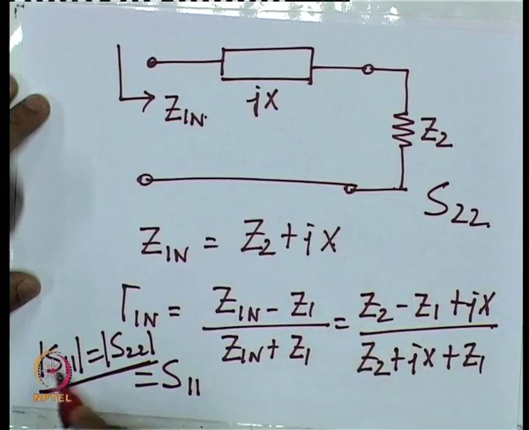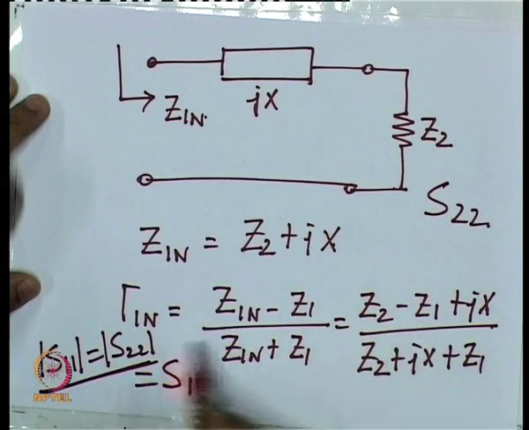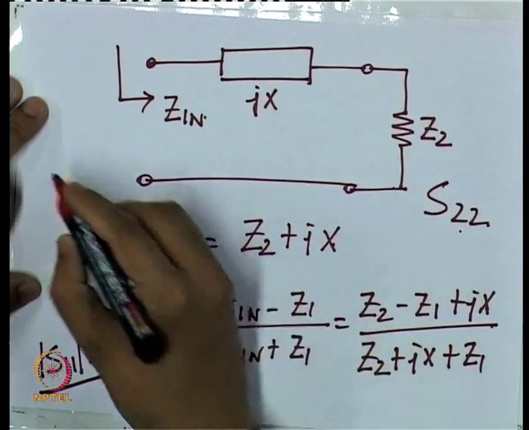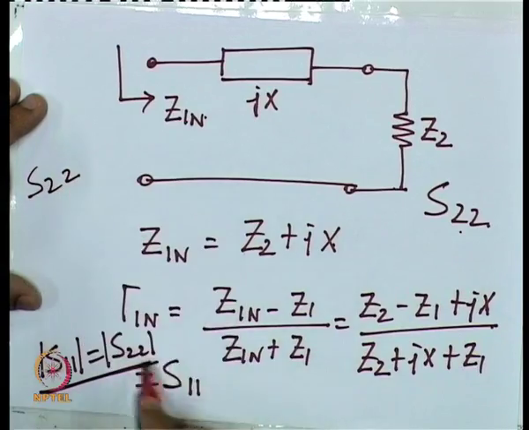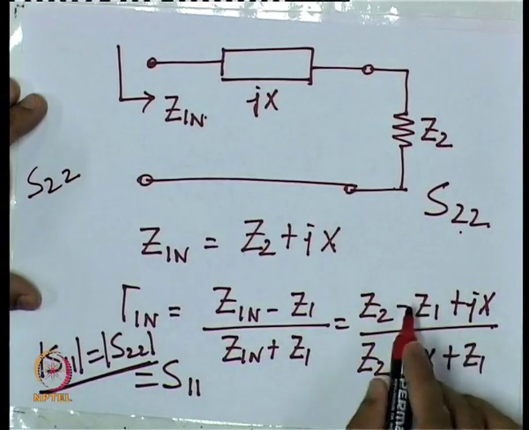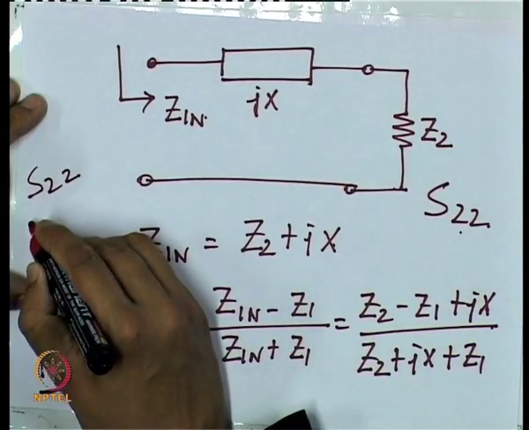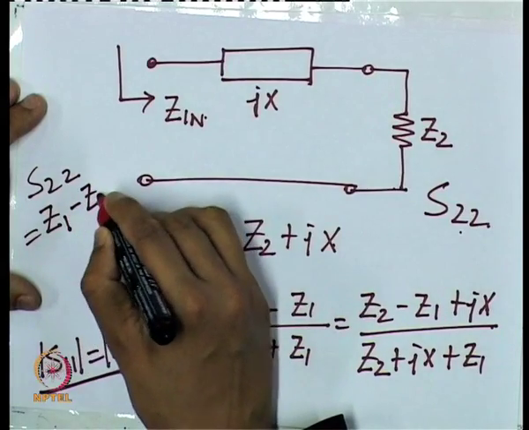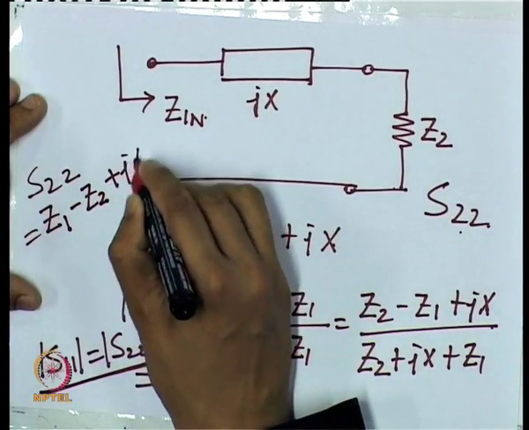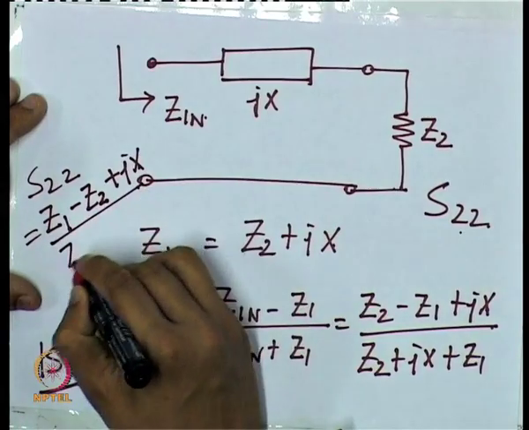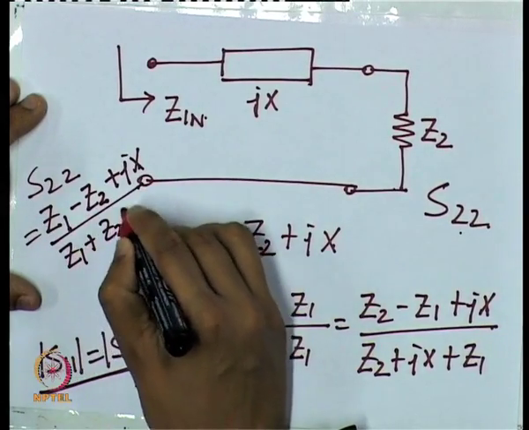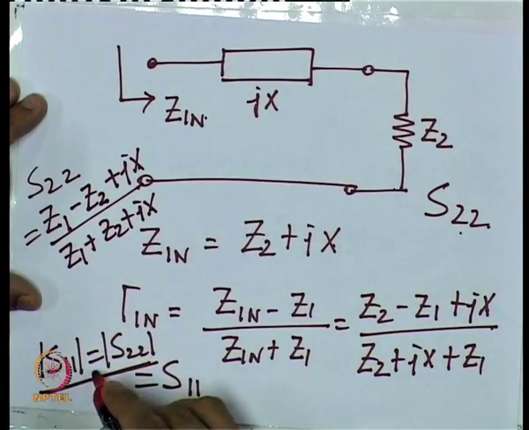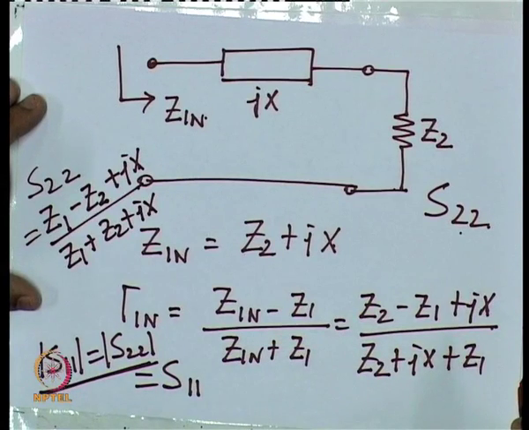In fact, just from symmetry we can write down directly what S22 will be. If S11 is given by this expression, S22 will be something like this, just with Z1 and Z2 interchanged, and from this we can easily verify that the S11 magnitude will be the same as the S22 magnitude.